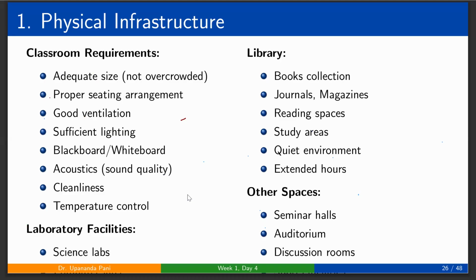Laboratory facilities: science labs should have all these facilities. Then the library: book collections, journals and magazines, reading space, study areas, a quiet environment, and extended hours. And other spaces: seminar halls, auditorium, discussion rooms. These are very important.